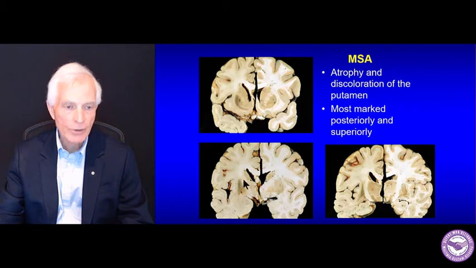That's the striatum. Here's another cut of the striatum. You see a very different picture in the normal control. And here's another section, again, showing the loss of this normal putamen. So this is the MSA on the left side of your screen versus controls.